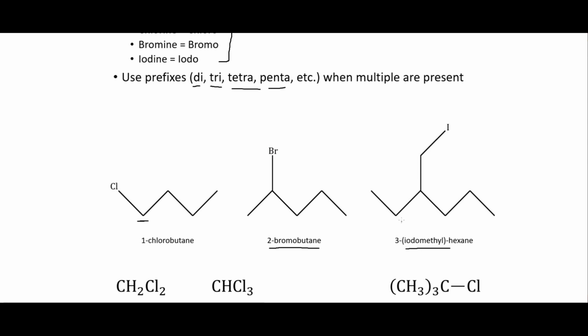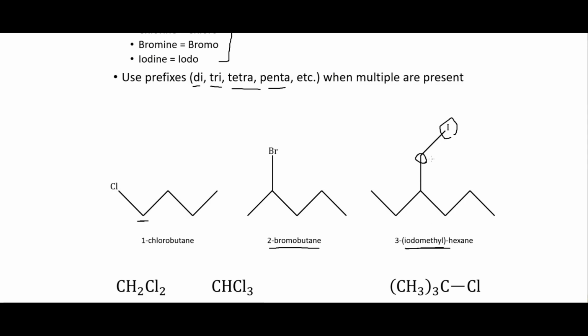We have this hexane and it has this methyl group on it, but the methyl group is then substituted with this iodine here. And that's why we put this in parentheses, because our substituent has its own substituent. We always put the nested substituents into parentheses like this.